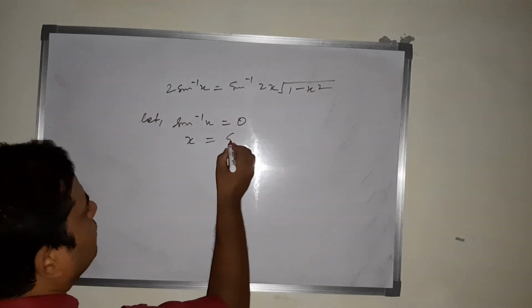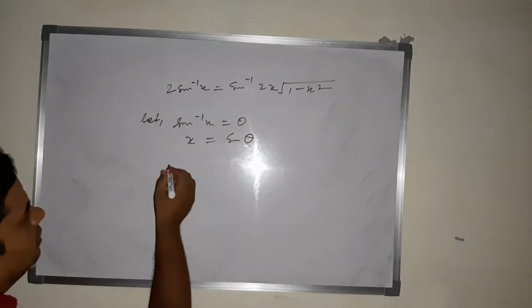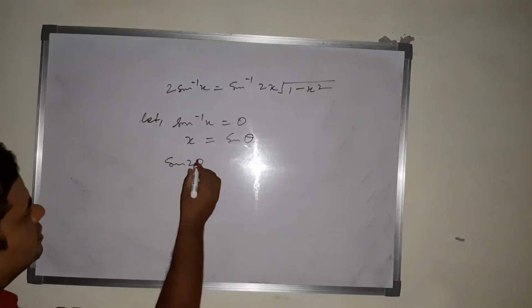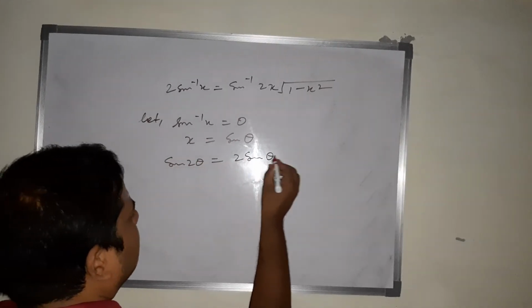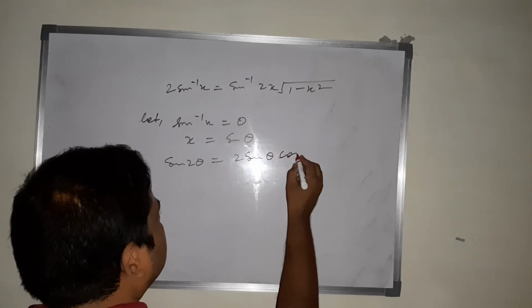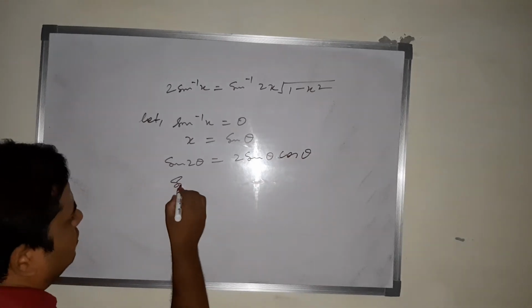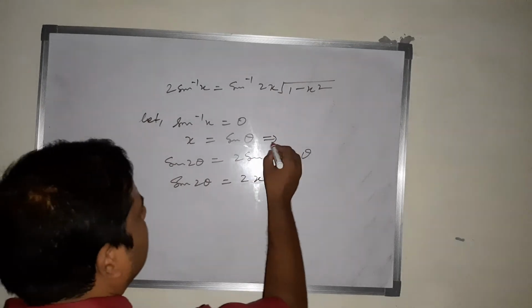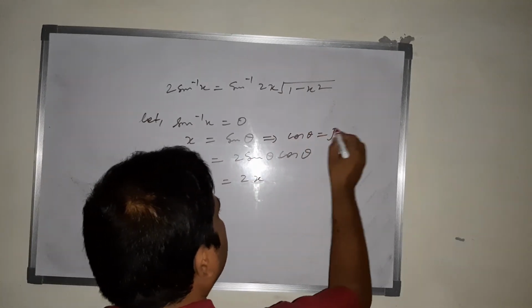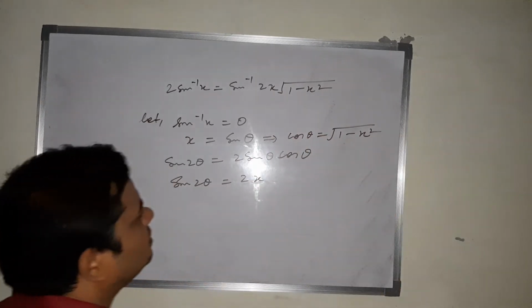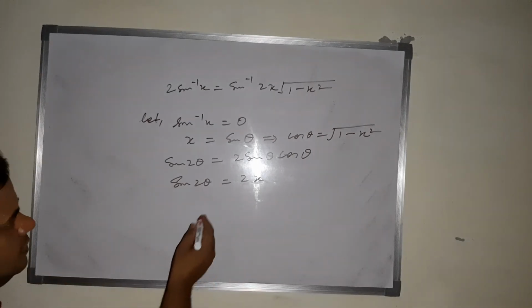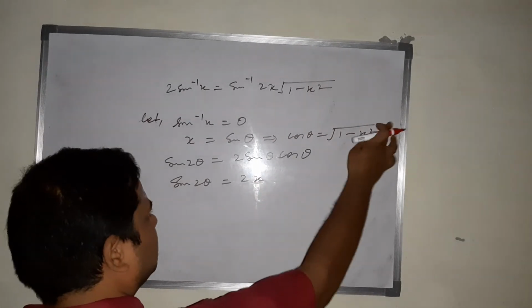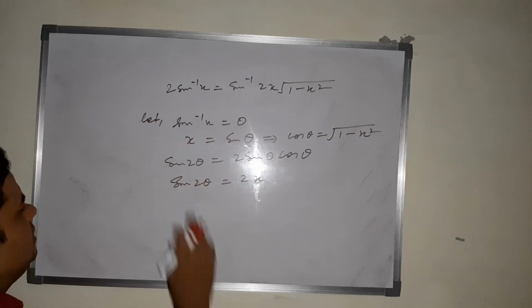So x is equal to sin theta. Now sin 2 theta is equal to 2 sin theta cos theta. So sin 2 theta is equal to 2x, and cos theta is equal to root of 1 minus x square. Why? Because cos theta is equal to root of 1 minus sin square theta, and sin theta is x.